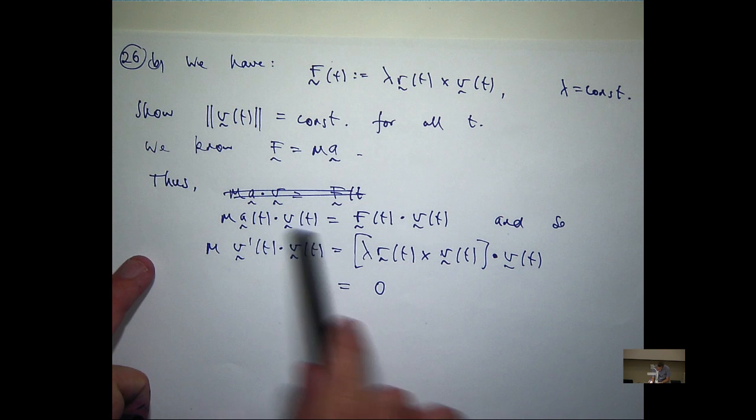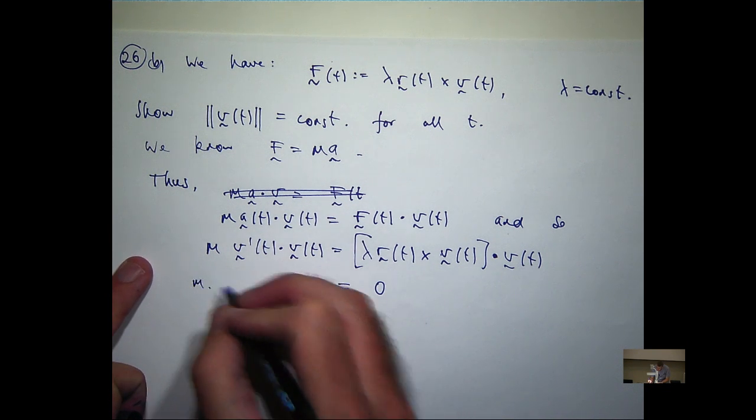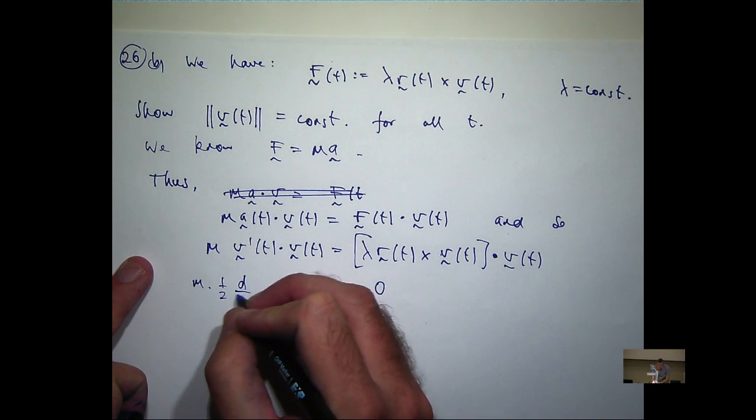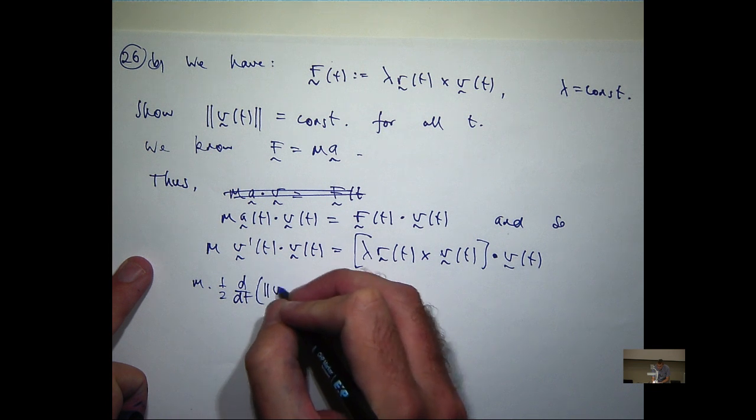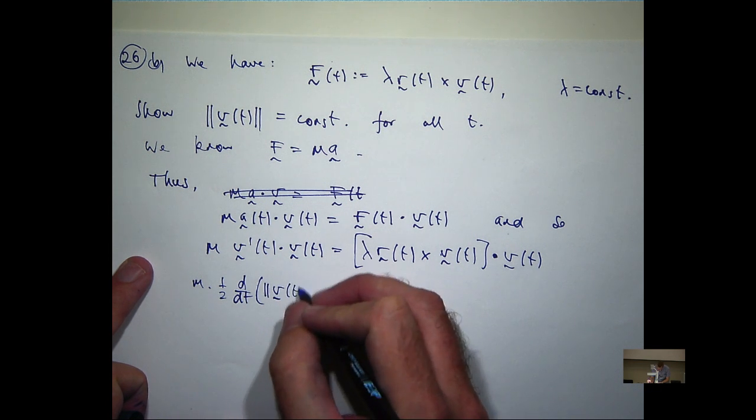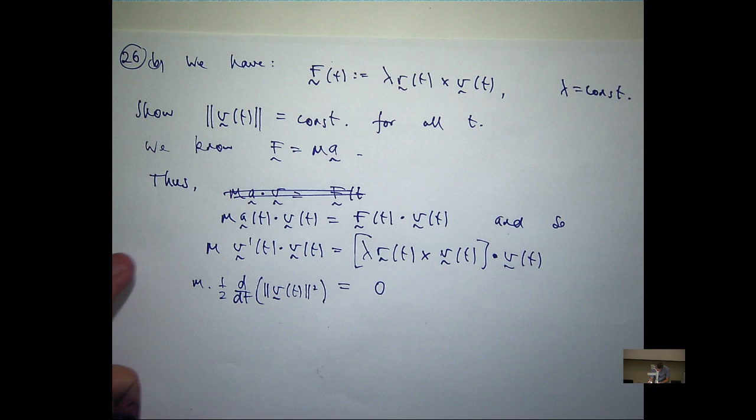and the left-hand side is just m times a half, yep, you guessed it. So what do we know? We integrate, we'll get a constant. So the speed has got to equal a constant.